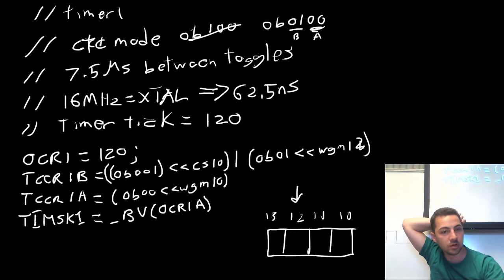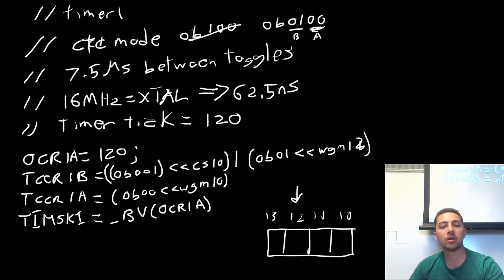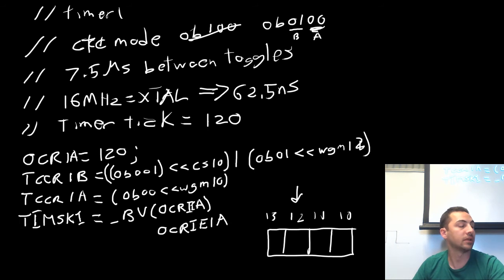We put into OCR 1A the number 120. It's not the register. Is it IE? It's IE. OCR IE. Is it a 1A? OCR IE 1A. Yes? Okay. Sorry.